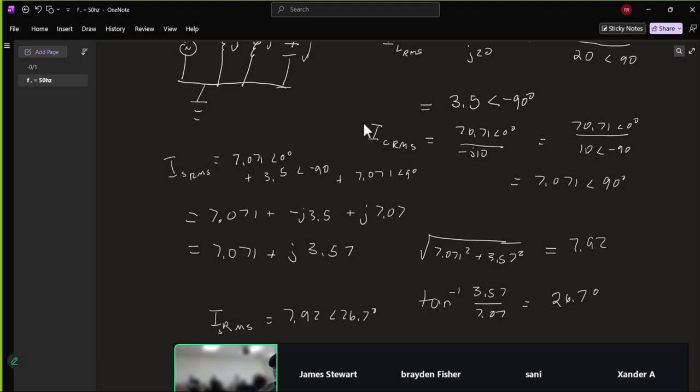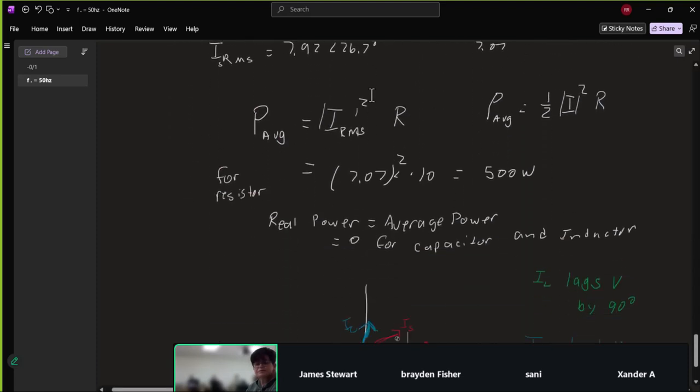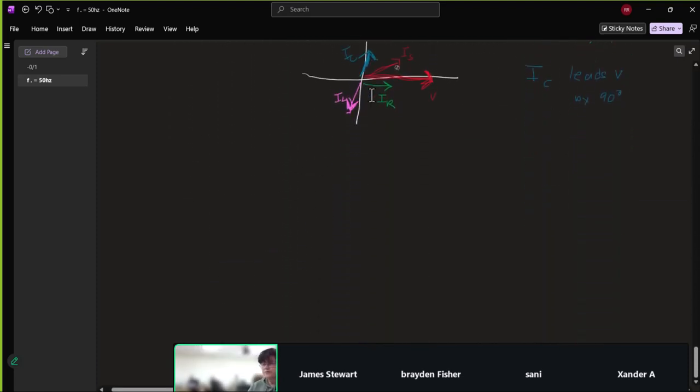Okay, so for a DC circuit, if I'm trying to find the power across an element, then power equals IV, where I is the current.